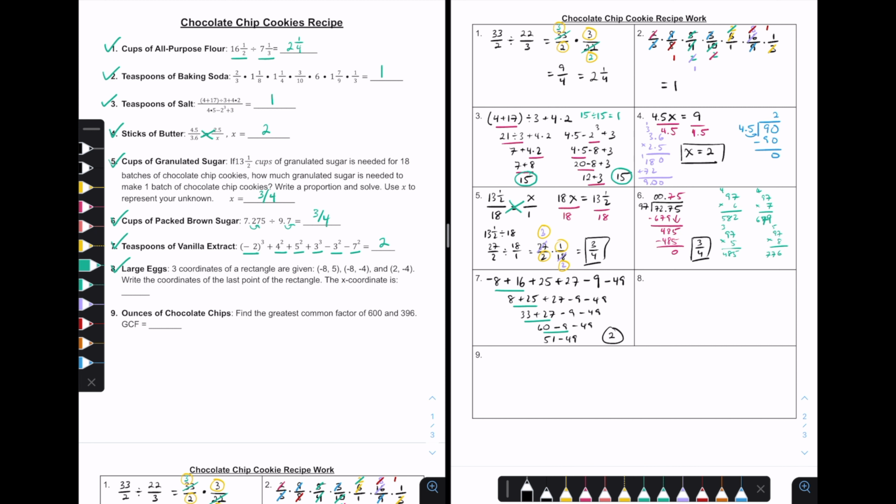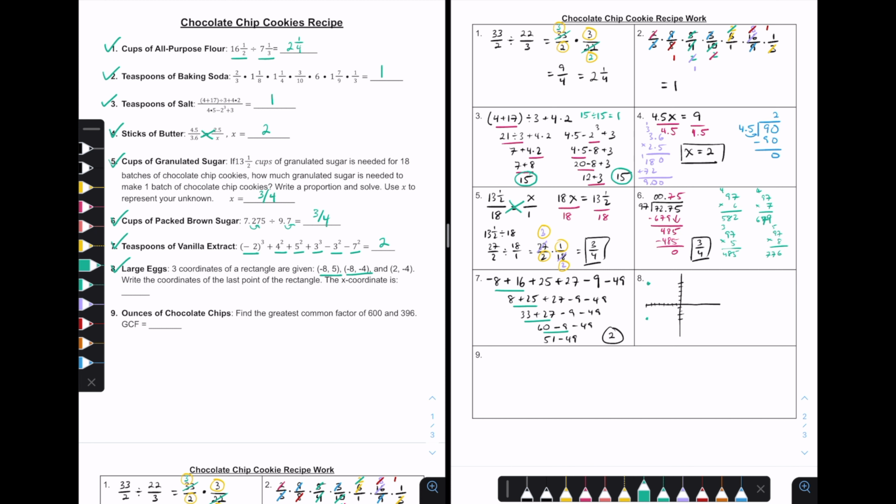All right, so I'm going to plot some points here. Here is my y-axis, here is my x-axis. The first point is -5, 8. So 1, 2, 3, 4, 5, 6, 7, 8. Up 1, 2, 3, 4, 5. I'm going to put a dot right around here. The next one is -8, -4. I'm going to move 8 to the left and go down 1, 2, 3, 4.